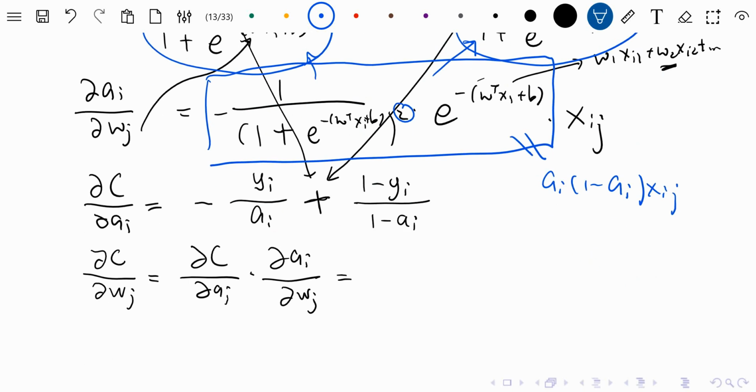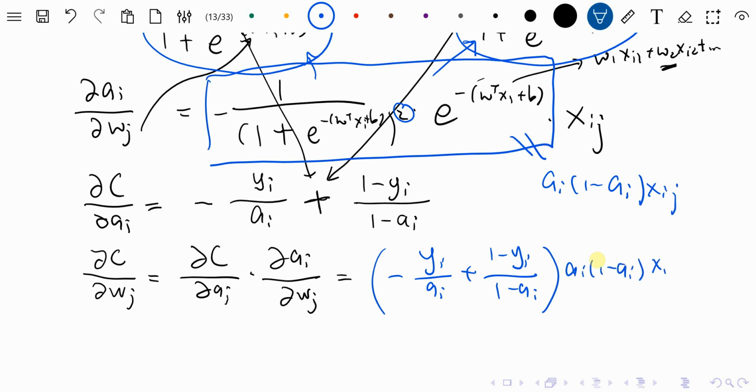Okay, so now let's combine. So this becomes yi over ai plus 1 minus yi over 1 minus ai, the whole thing multiplied by this, and these would cancel out to make 1 minus ai and ai here.